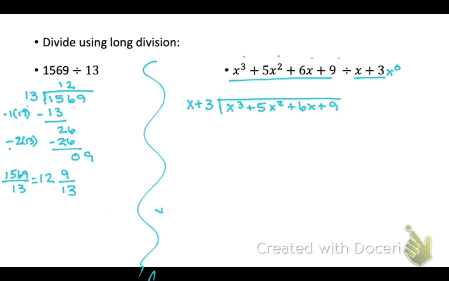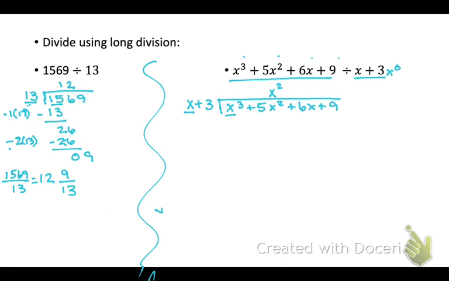Now over here we said how many times is 13 going into 15? So now the question is, what do I have to multiply x by to get x cubed? X squared. So I put it above the x squared term, where it matches, like a like term.